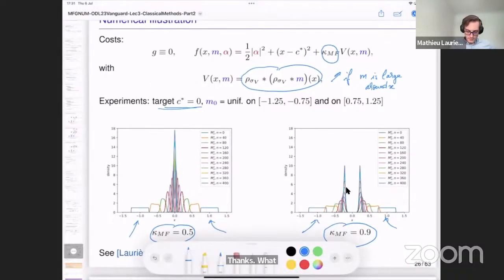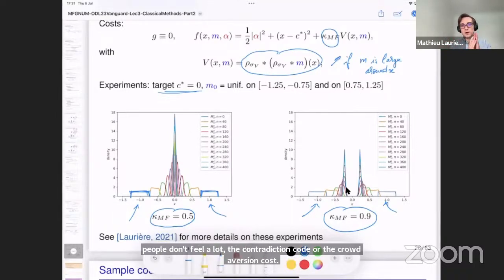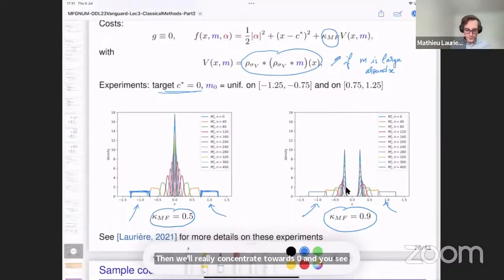So this is the initial distribution with 2 parts here and here, and people are attracted to 0. What we see on the left is that if kappa MF is small, meaning people don't feel much the congestion cost or the crowd aversion cost, then they will really concentrate towards 0. At terminal time, the different colors are for different time steps.